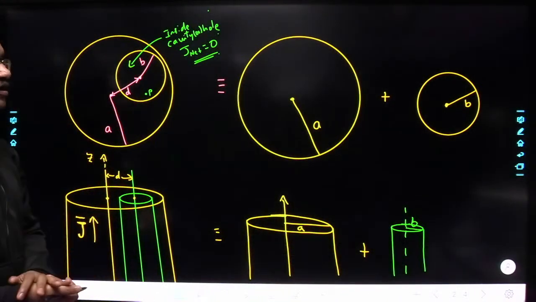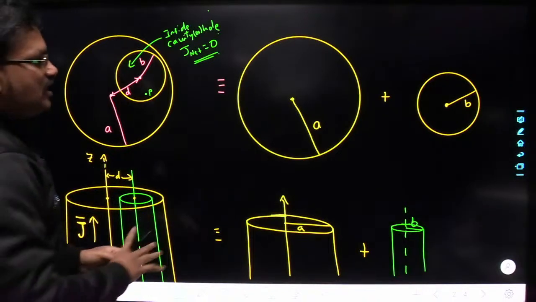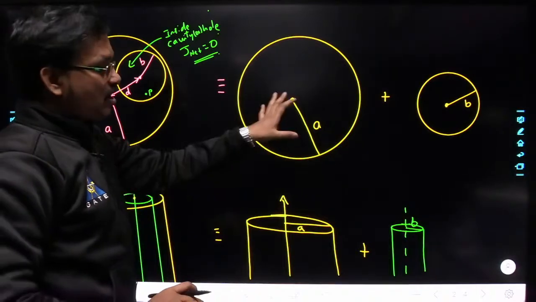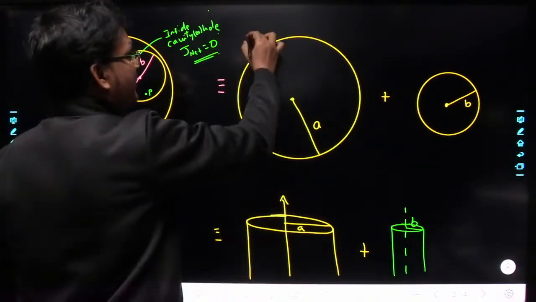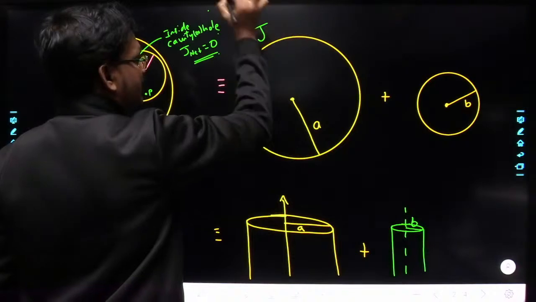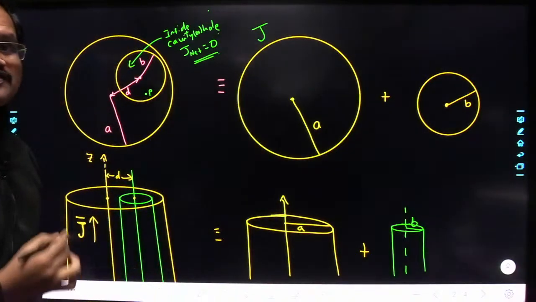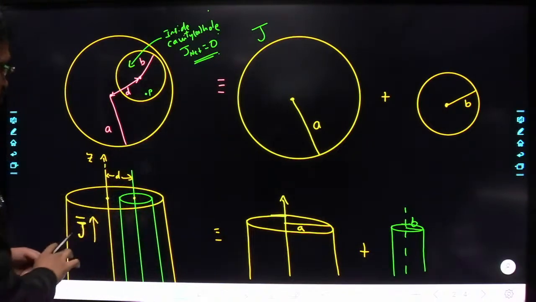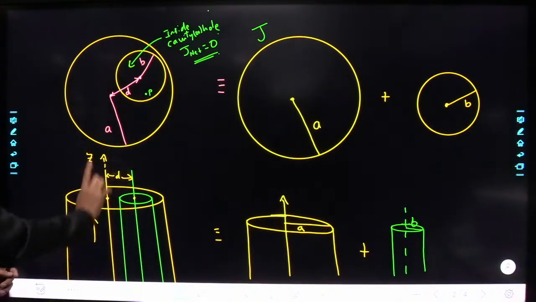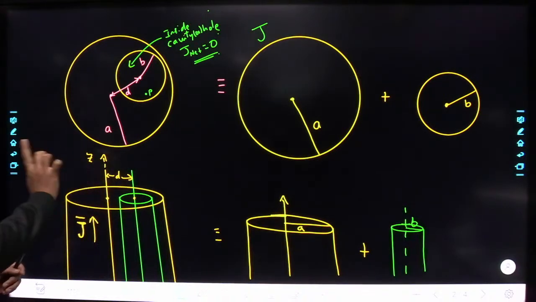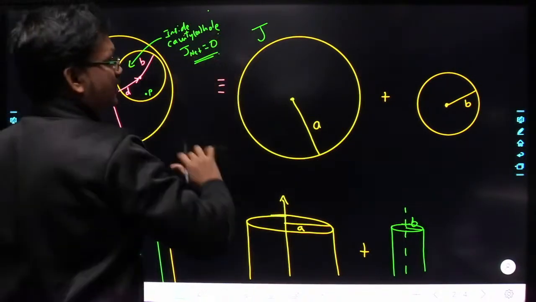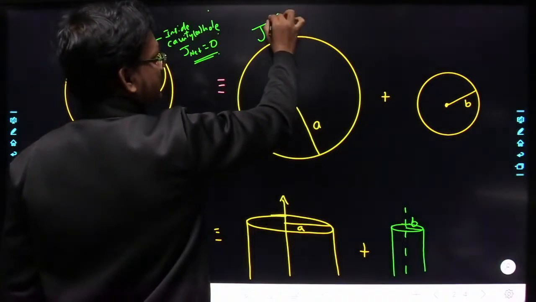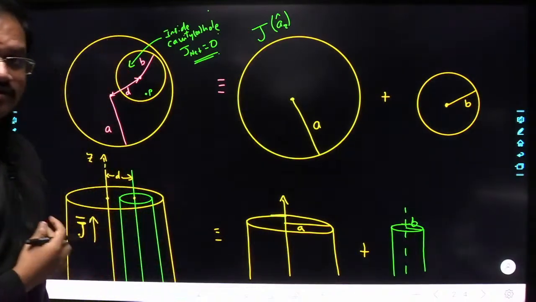Understood? So now this I am considering as a cylindrical wire of radius A and carrying a uniform current density of J. Let us assume the current density is flowing in the upward direction, that means in the Z direction, so it is in the a_z direction. Understood?